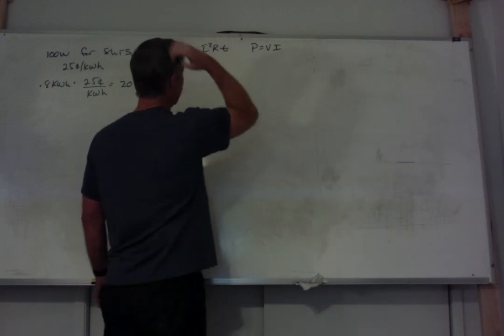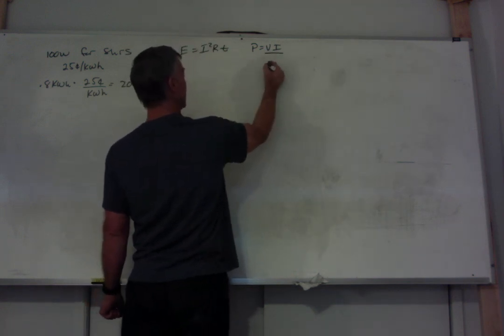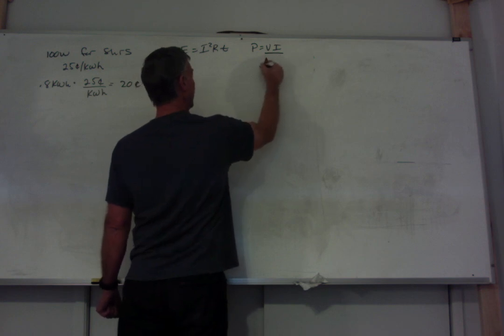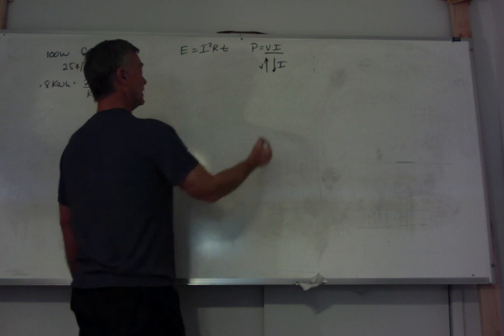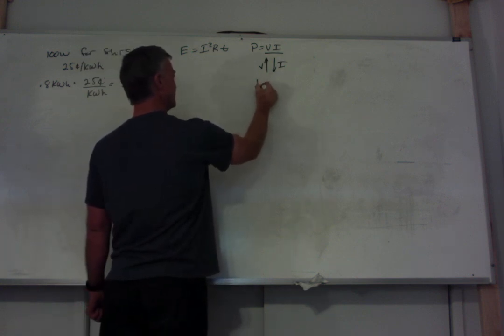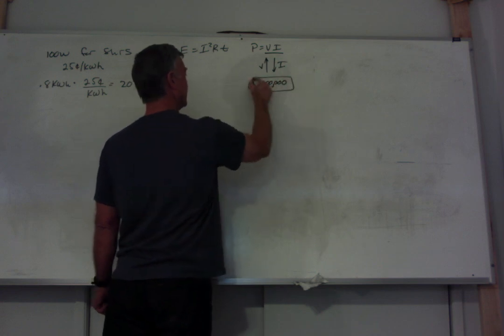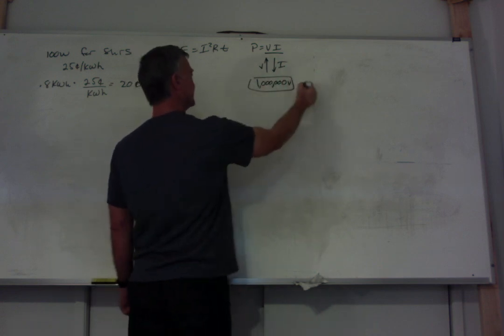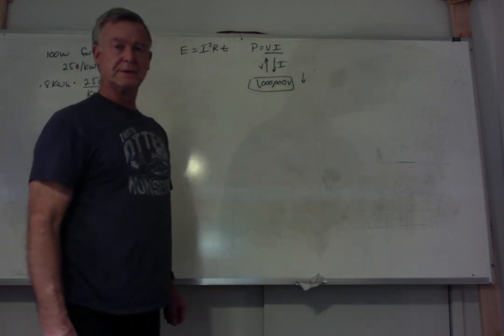Well, what happens is this. Voltage and current are inversely related. If I raise my voltage, I drop my current. So they will raise the voltage, sometimes close to 1,000,000 volts going across the desert. And that drops the current way down.